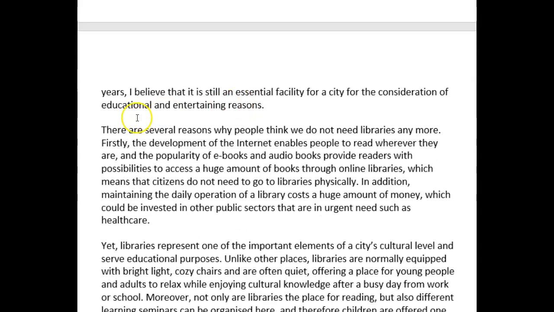And then here, remember, I told you how much I liked your topic sentence, and it's true, I did, because it was clear. It's so nice to see a topic sentence that basically says, ladies and gentlemen, this is what my paragraph is about. So I was very happy to see it. However, framing it under what people think is not appropriate here. So it should just be, "There are several reasons why libraries may be deemed unnecessary nowadays," or "There are several reasons why libraries have lost their importance."